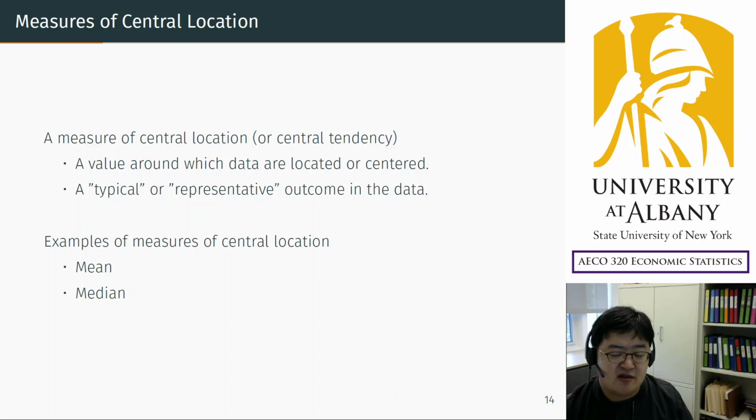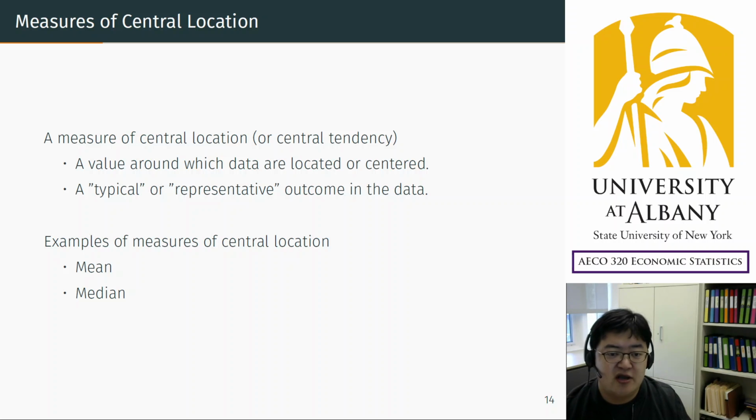I already explained these slides in the earlier slide. A measure of central location or central tendency is a value around which the data are located or centered. We would like to look for just one value, a typical or representative outcome in the data.